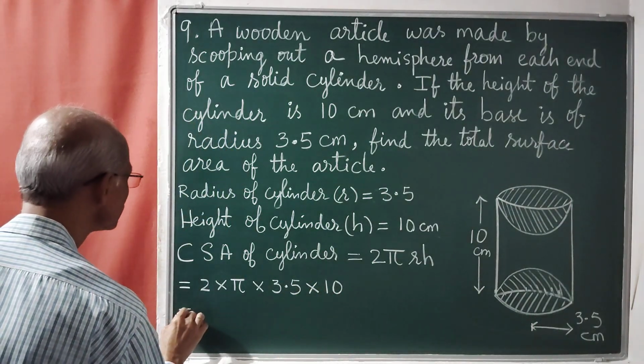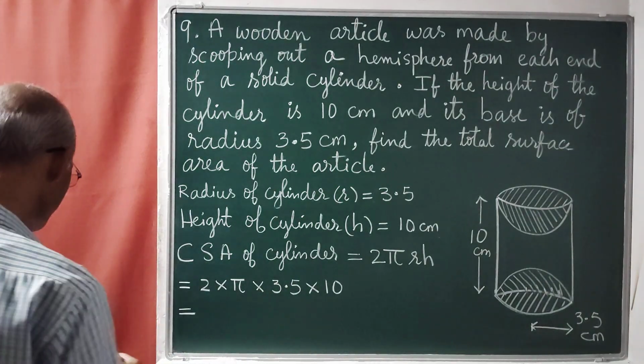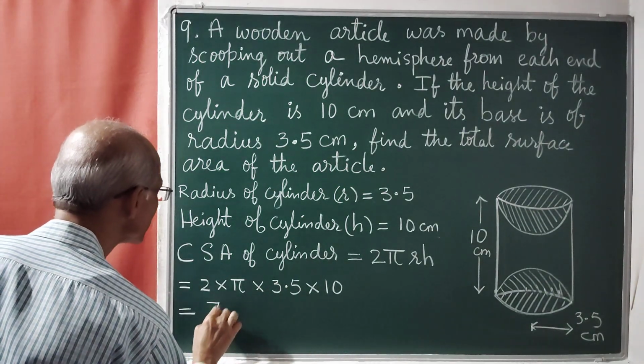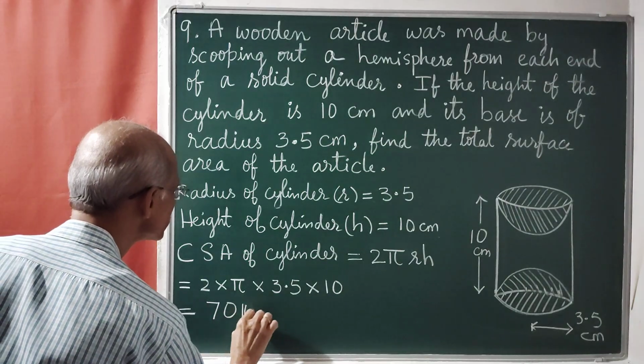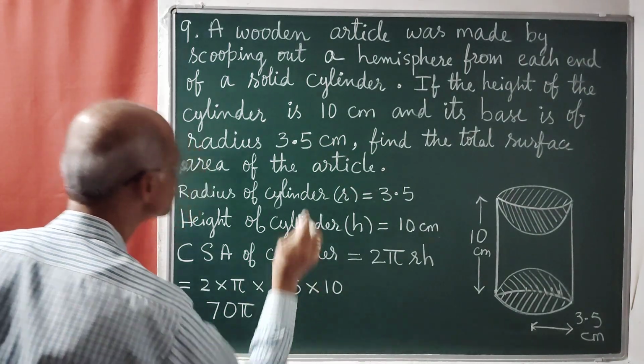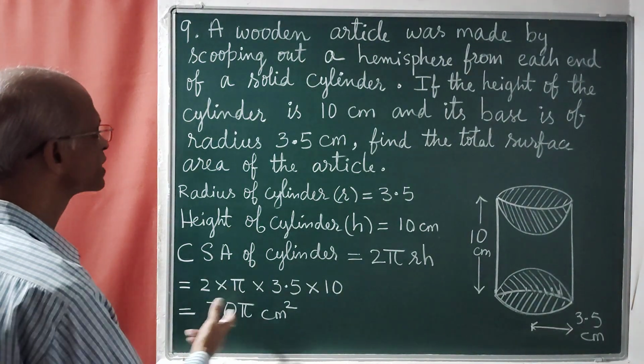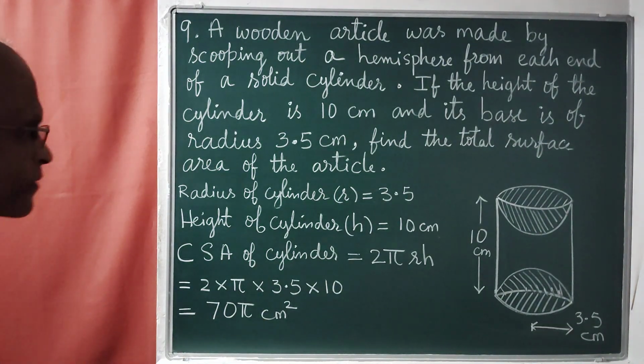This will be equal to 2 into 3.5 into 10, which is 70 pi centimeter square. The curved surface area of the cylinder is 70 pi centimeter square.